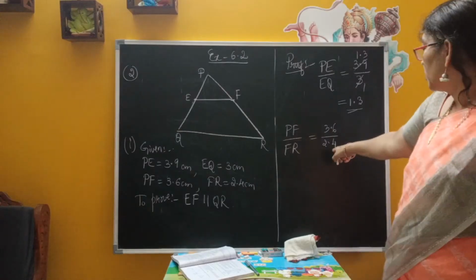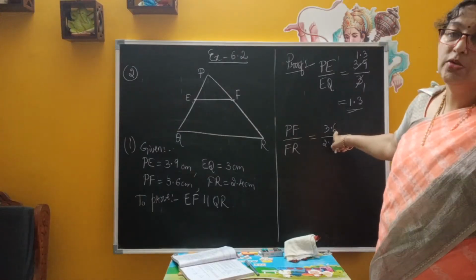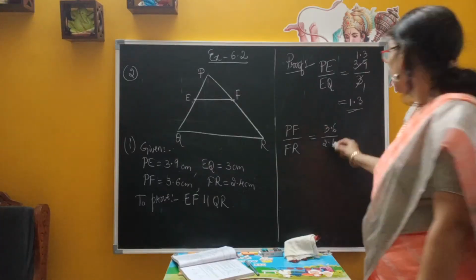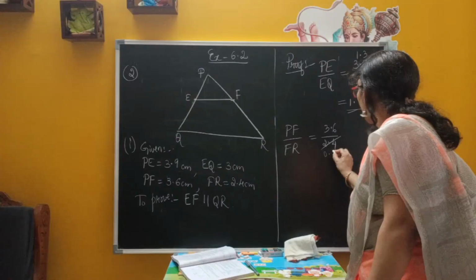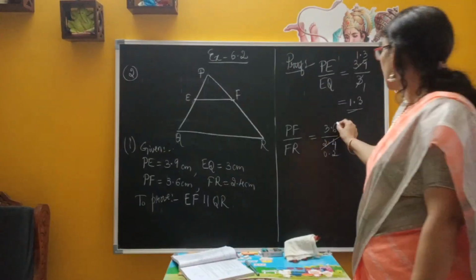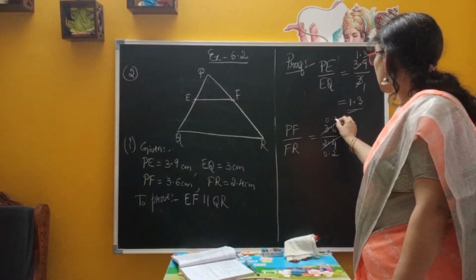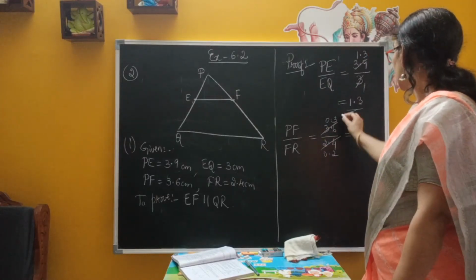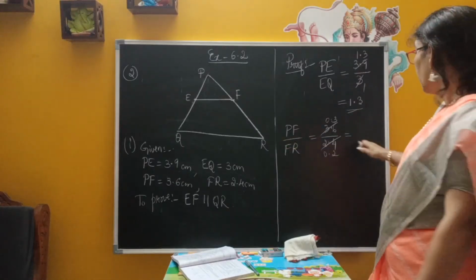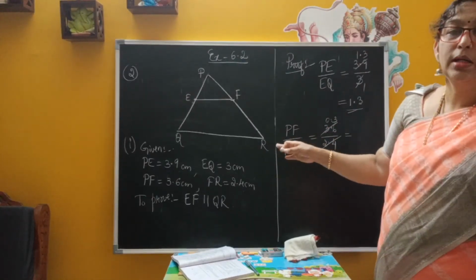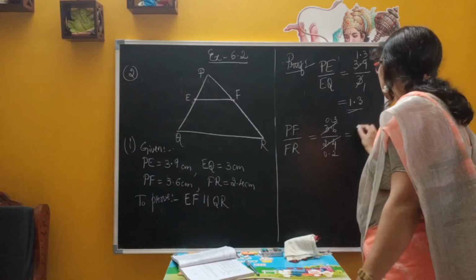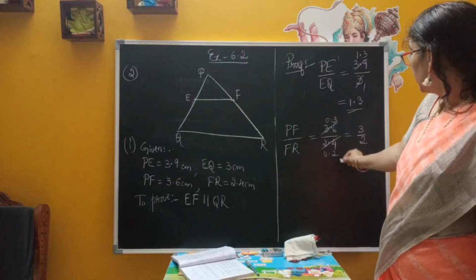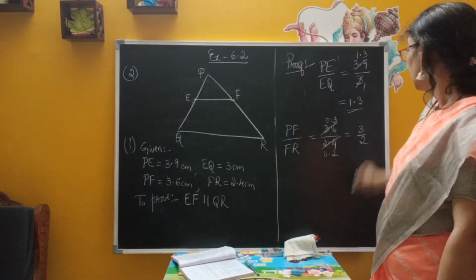We can use the table of 12: 12 twos are 24, 12 threes are 36. So this is nothing but 0.3 by 0.2. If you multiply both by 10 to get a whole number, it is 0.3 into 10 by 0.2 into 10. What do we get? We get 3 by 2.